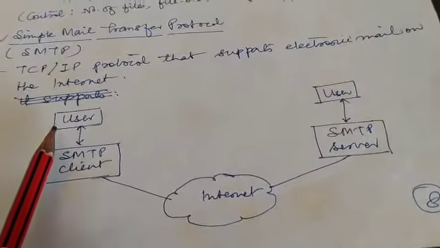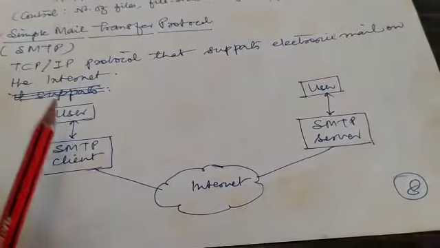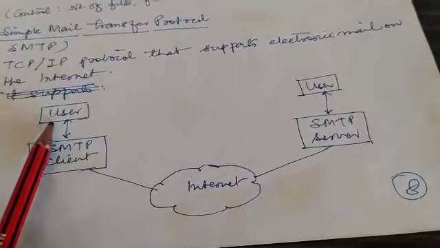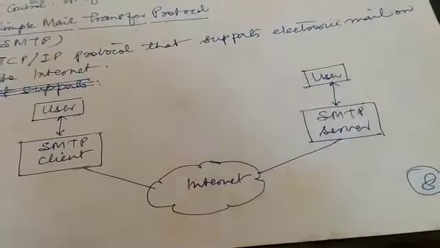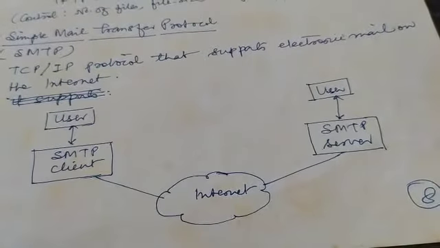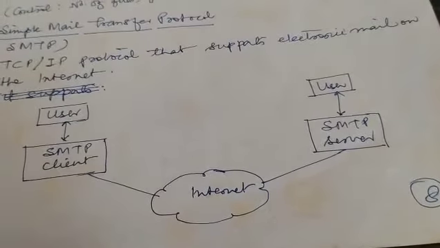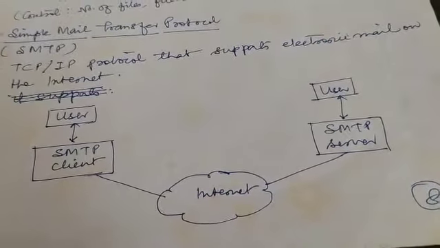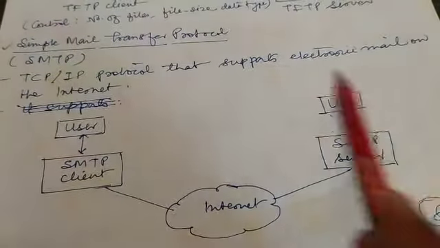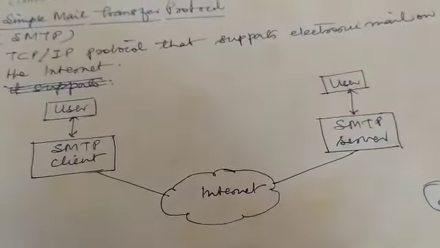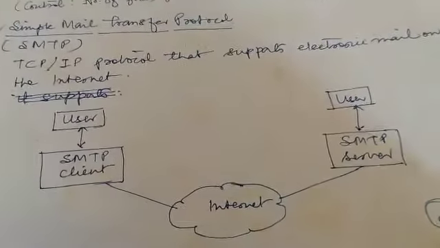Right? So it can be seen that on both the sides there are the users. We have the user on the client side and the user on the server side, between which the email communication is being done. So this becomes the broad architecture of the SMTP.